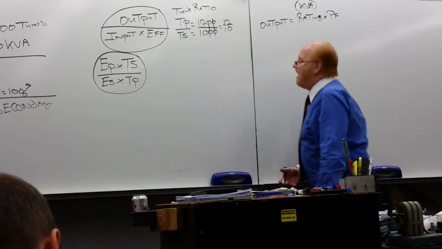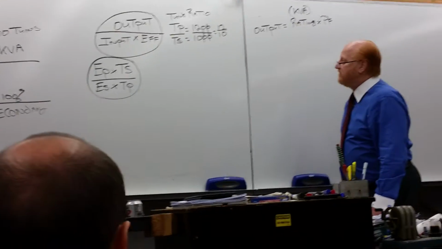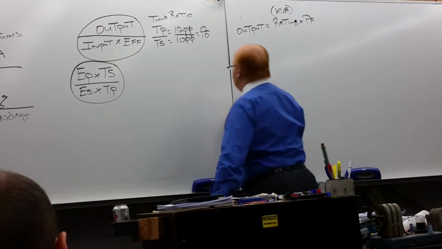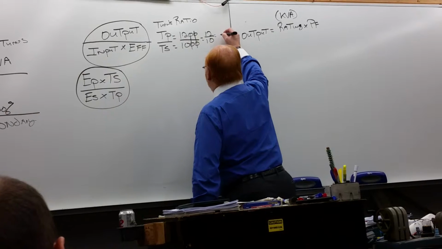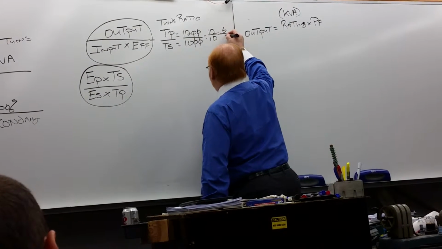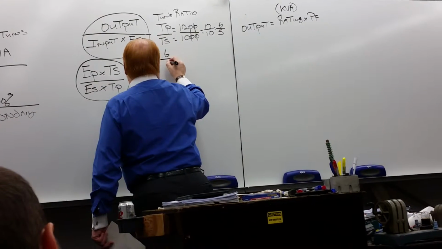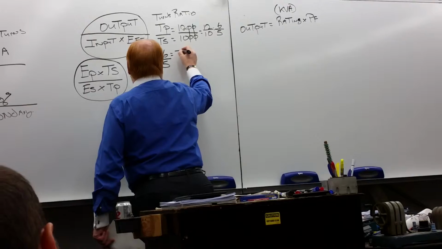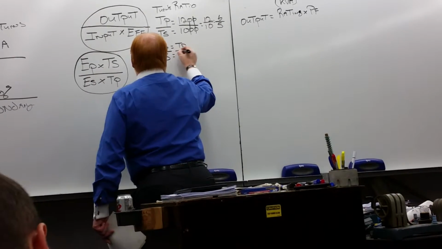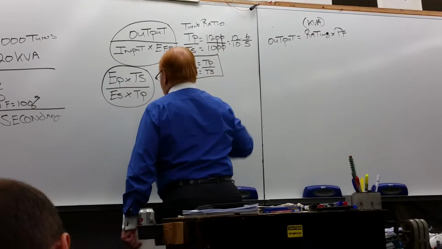We look for a common value that goes into both of them evenly, such as the number 2. 2 goes into 12 6 times. 2 goes into 10 5 times. I can really say 6 over 5. 6 represents TP. 5 represents TS, and I put a little box around it.